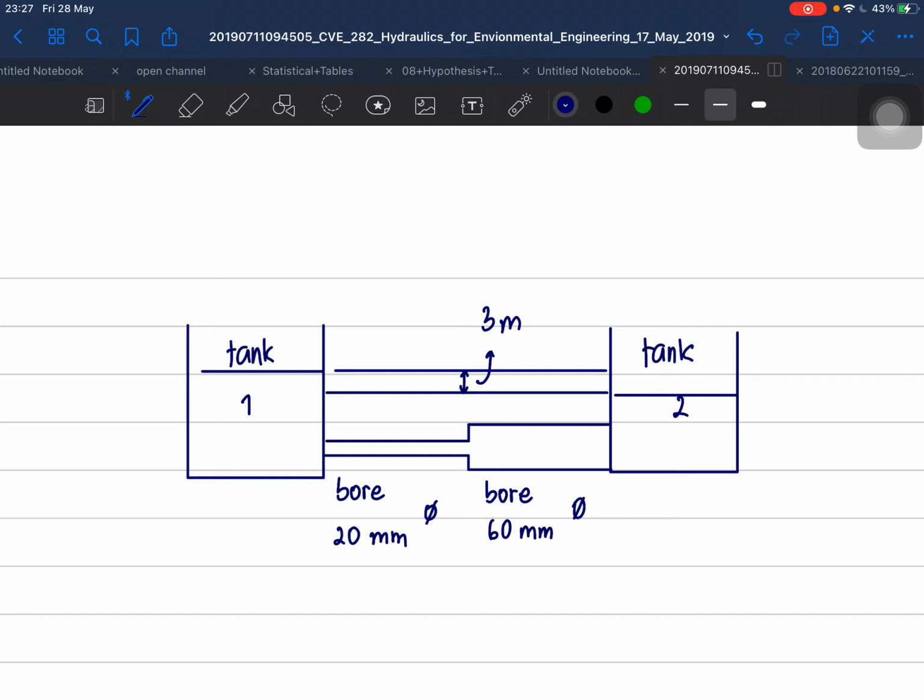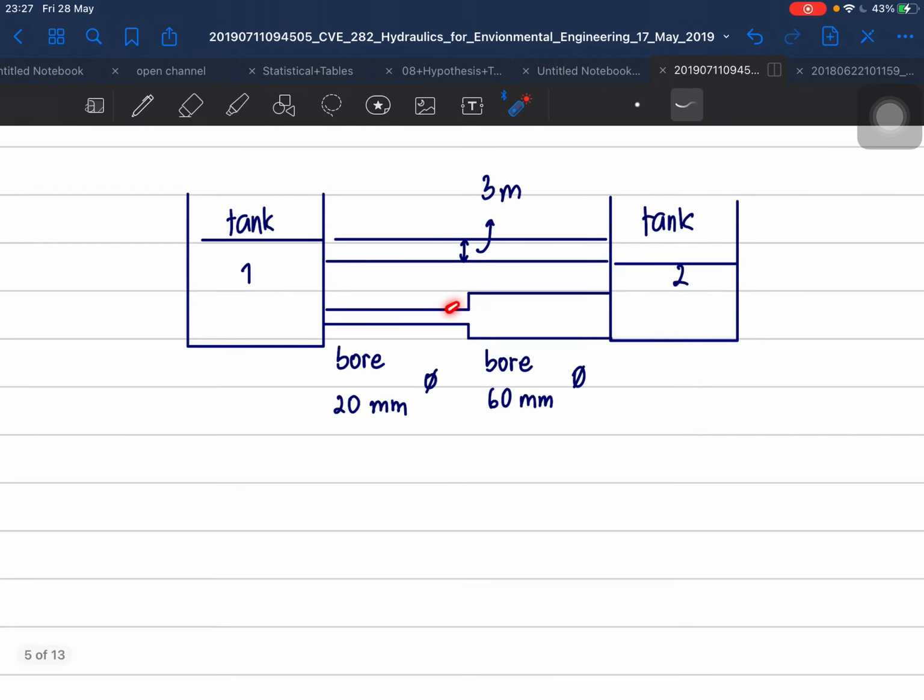There's no additional information. This is not the contraction, it's the sudden enlargement. There are different names for types of suddenly changing diameter, larger or smaller.